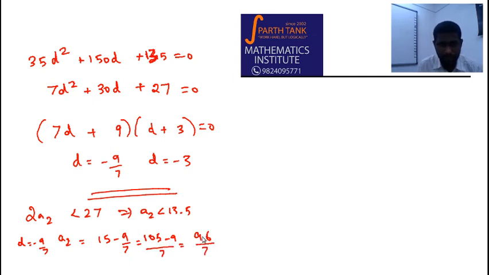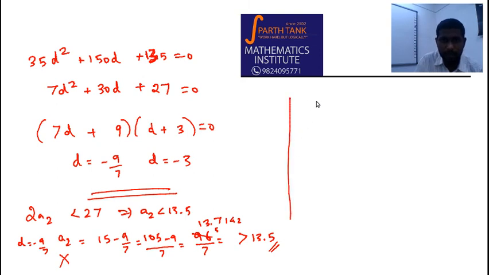Now what is 96 upon 7? 7 13s is 91, remainder 5, 13.7142, etc. So this is greater than 13.5. Therefore, it can't be minus 9 by 7. Take d equal to minus 3. So a2 would become 15 minus 3, which is 12, less than 13.5. So d is minus 3 is correct.